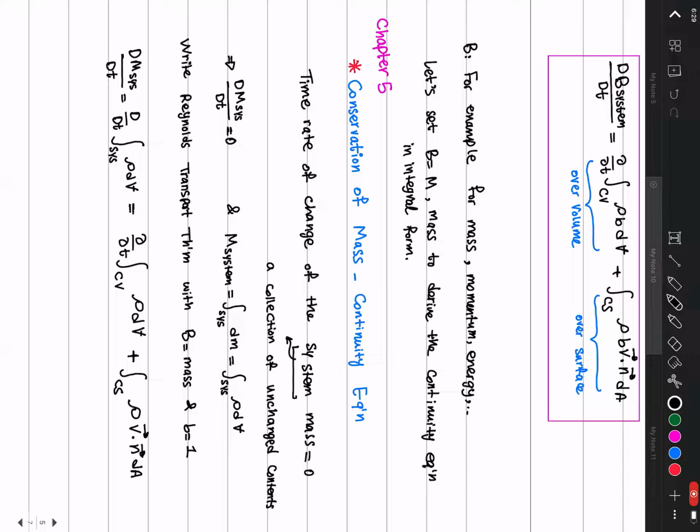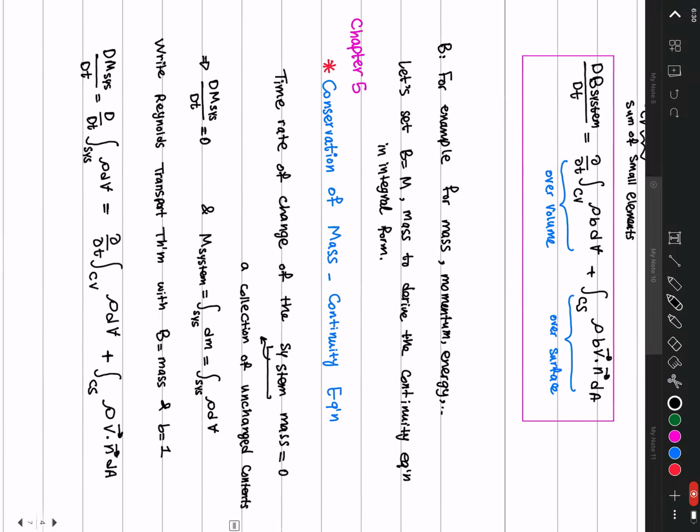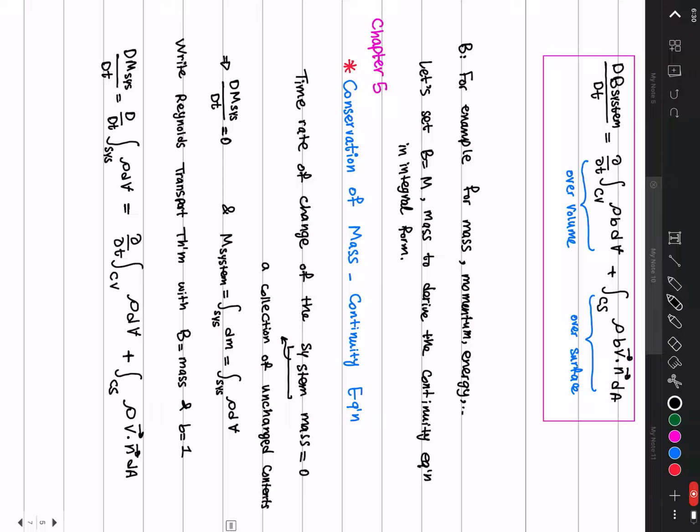These are just the terms from the Reynolds transport theorem that I wrote down.